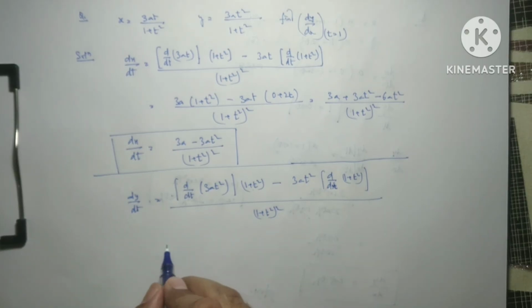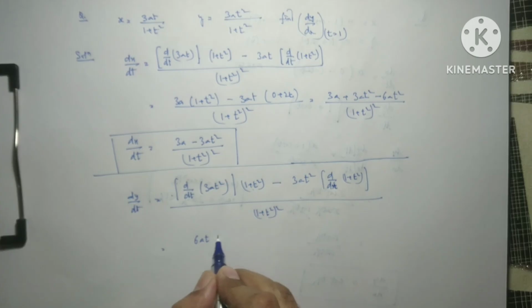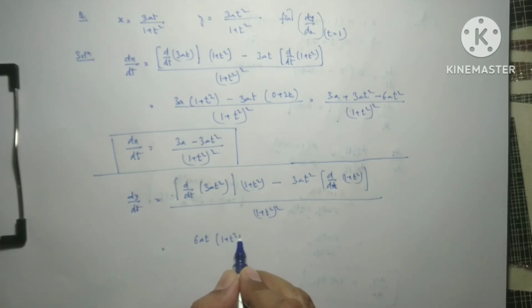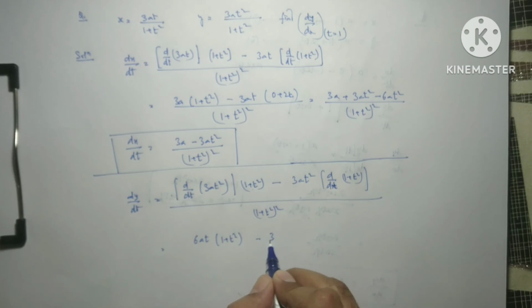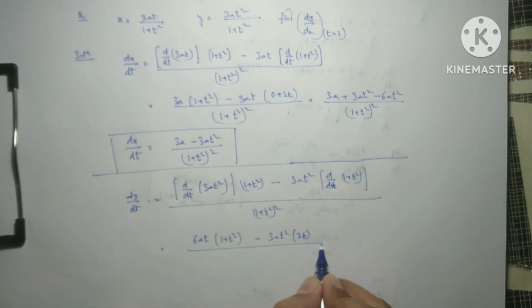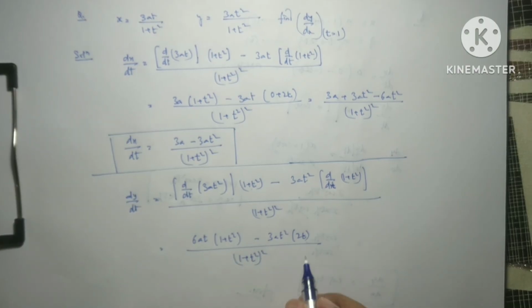So you get 6a square into 1 plus t square, minus 3a square into 2t, divided by 1 plus t square whole square. So this is 6a square t cube.